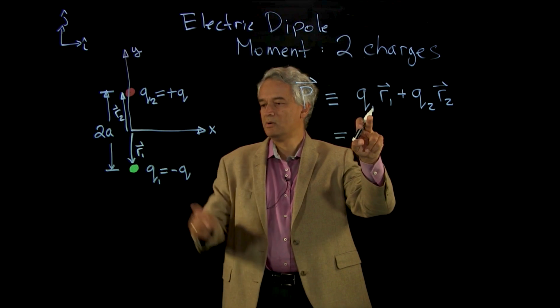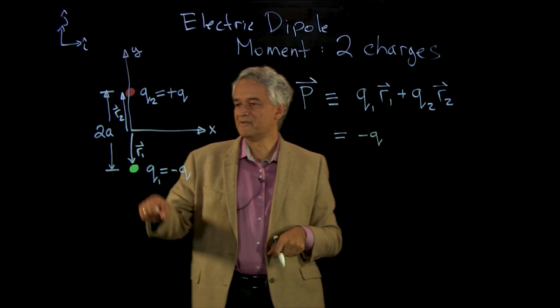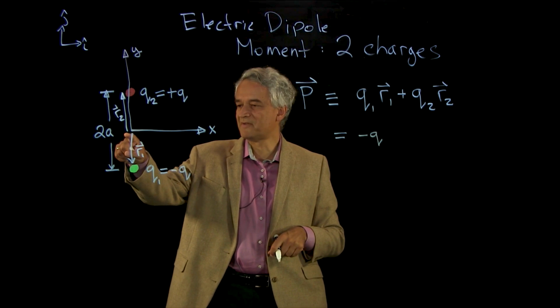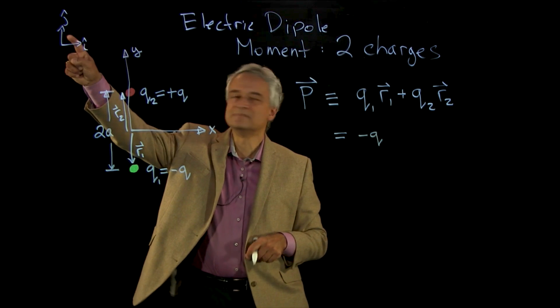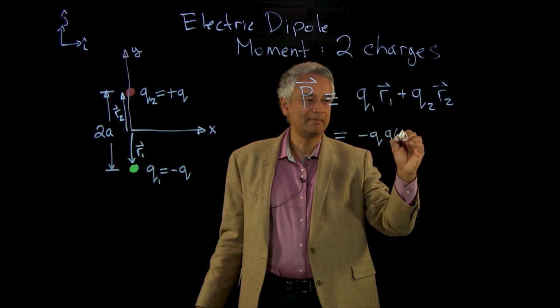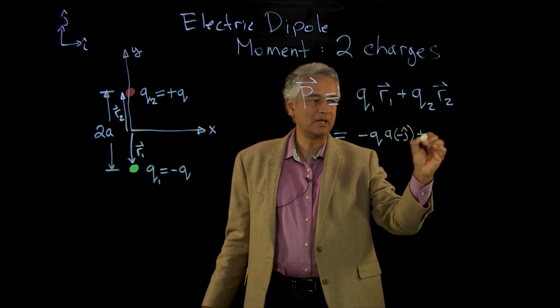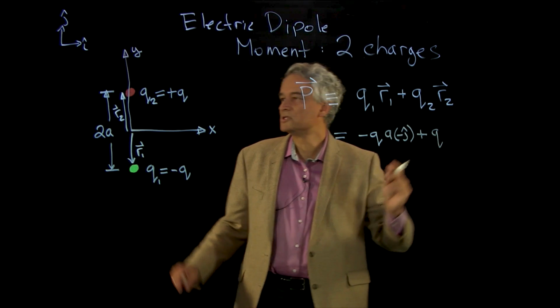So it's Q1. What's Q1? Q1 is minus Q times R1 vector. What's R1 vector? Well, R1 vector is a vector whose length is a and whose direction is minus j hat. So I have a and then a minus j hat, plus Q2. What's Q2? Well, Q2 is plus Q. What's R2?